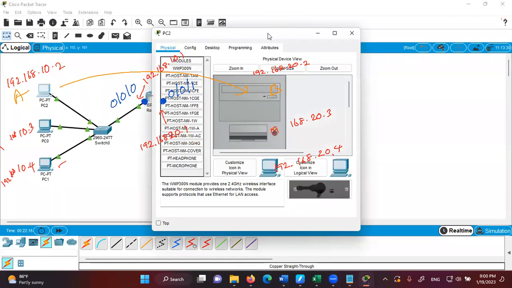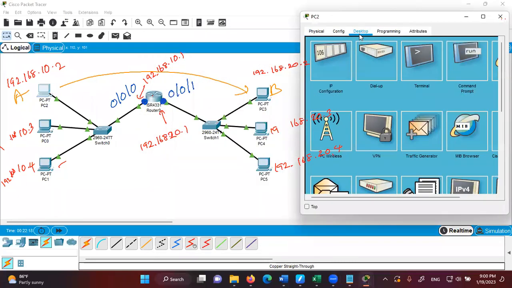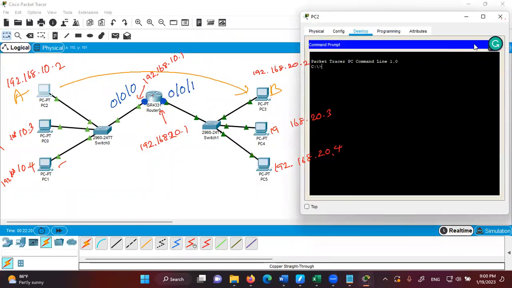Go to this computer and desktop. Ping 192.168.20.2. Let's see.